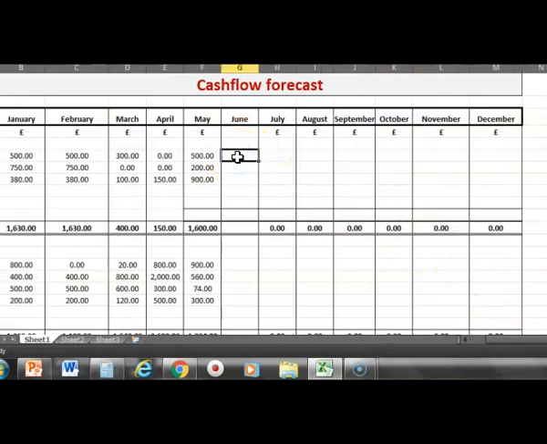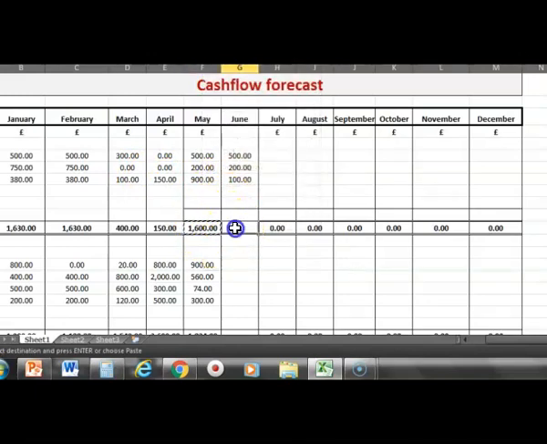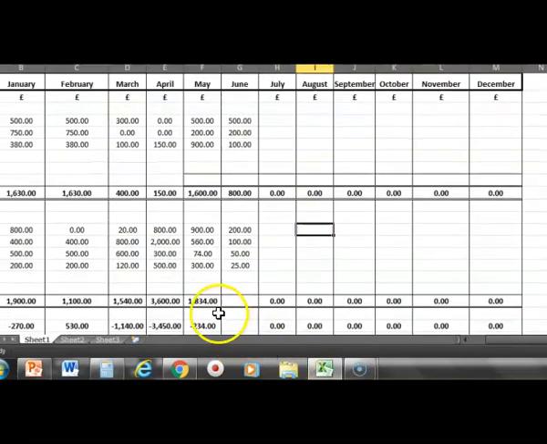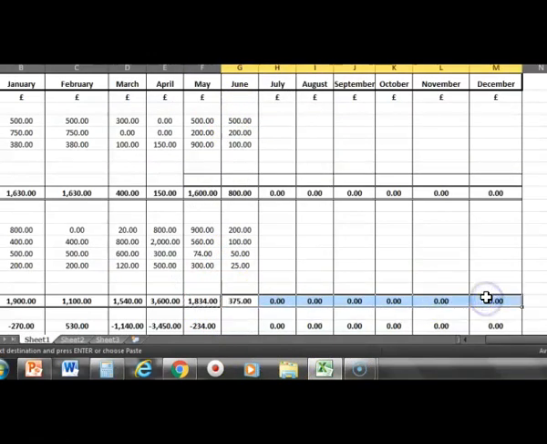June now we have 500, 200, then 100 coming in, so they have £800 there. Then they have 200, 150, and 25 there to pay. 370.